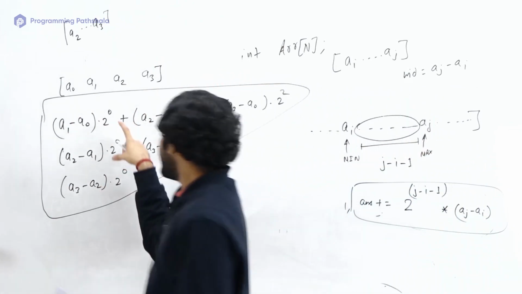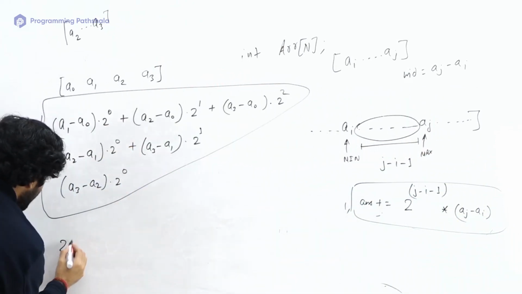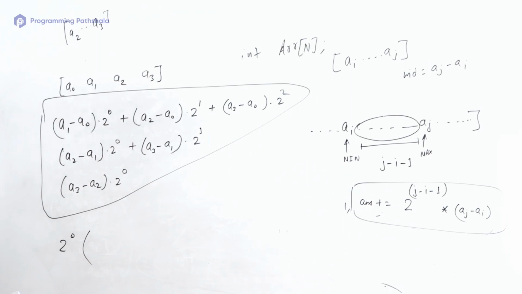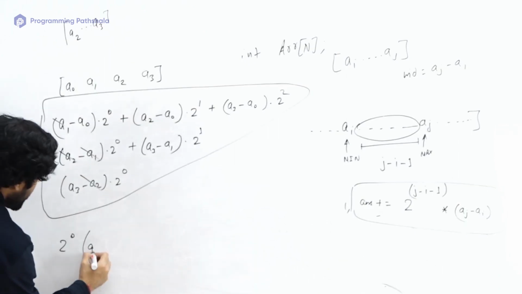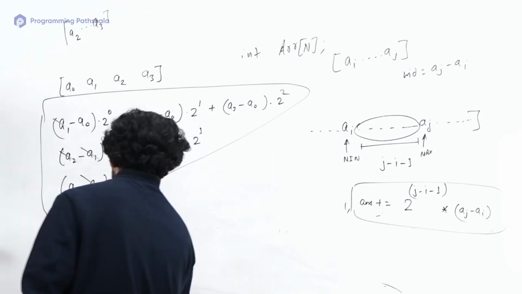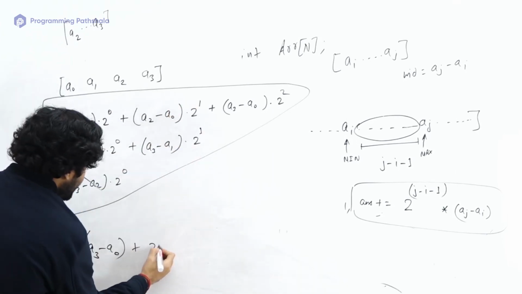So I can take 2 raised to power 0 as common, and then inside I'll have this plus this plus this. And now if you take a close look, minus A1 will cancel plus A1. Minus A2 will cancel plus A2. So what will be left will be A3 minus A0. Here 2 raised to power 1 is common.